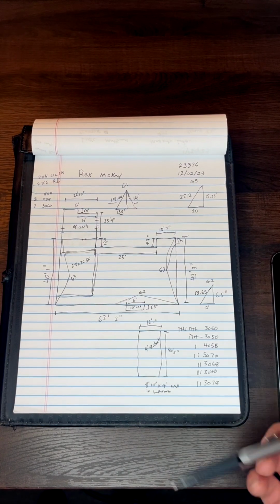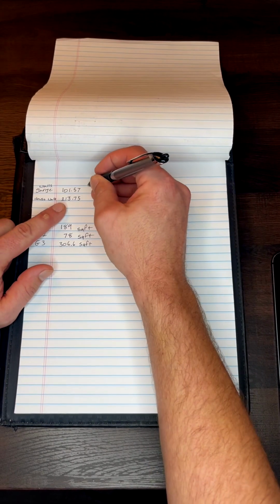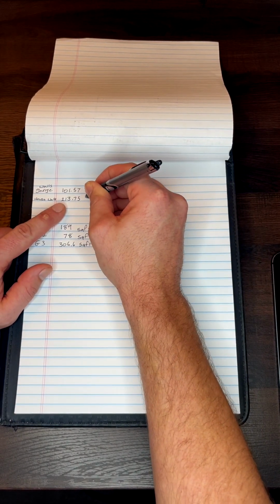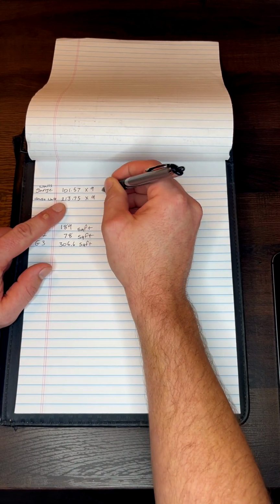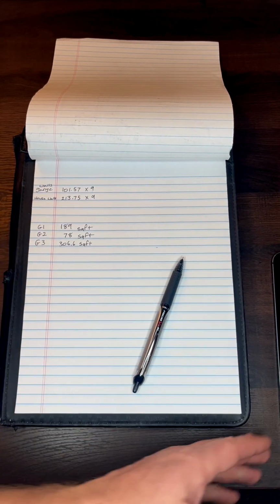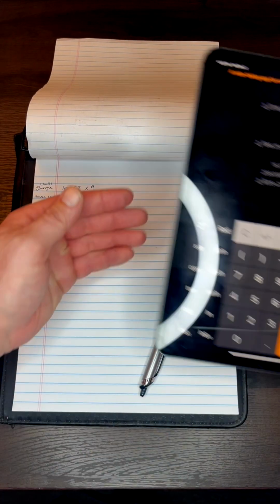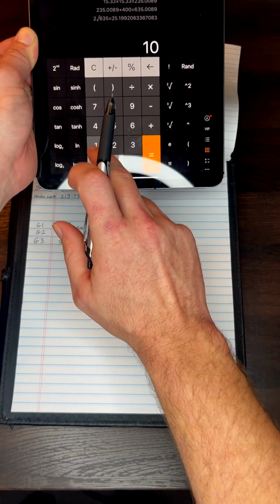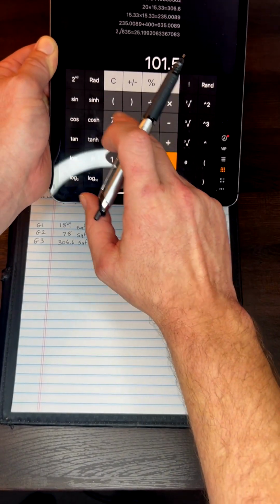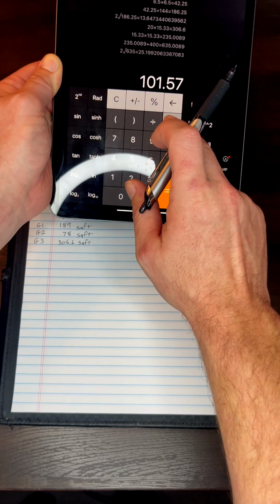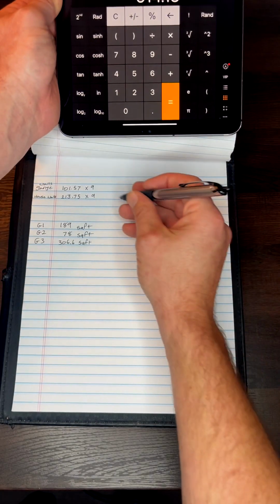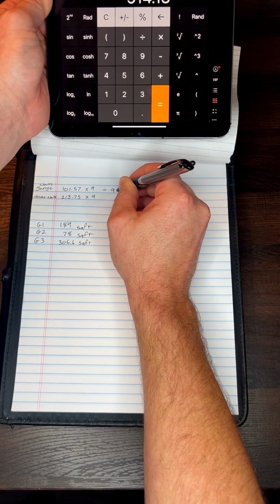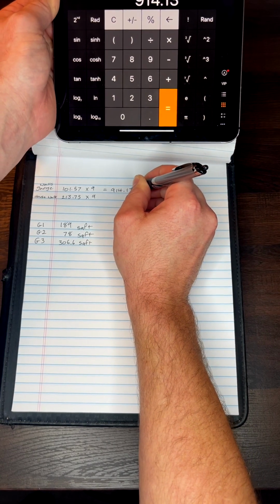Okay, so now we've got our walls, which we do need to multiply by our wall height, which is 9. So it's going to be this times 9 plus this times 9. So let's go ahead and do that. That way we've got square footage numbers. 101.57 times 9 equals 914.13.